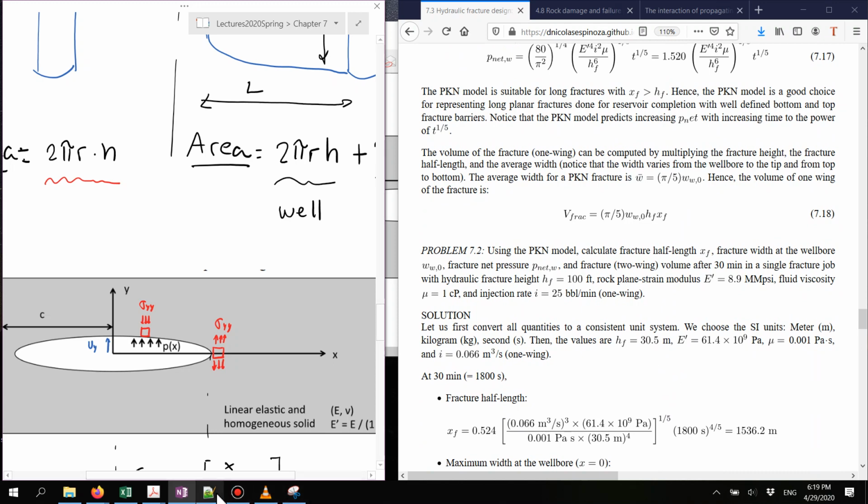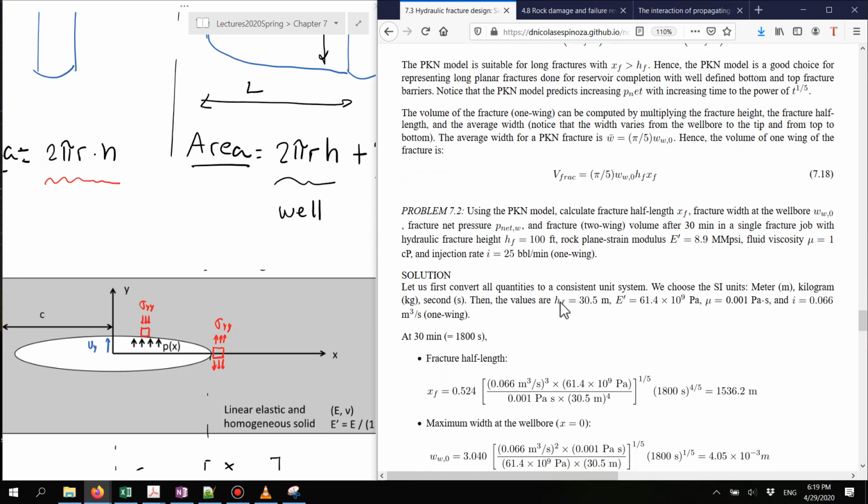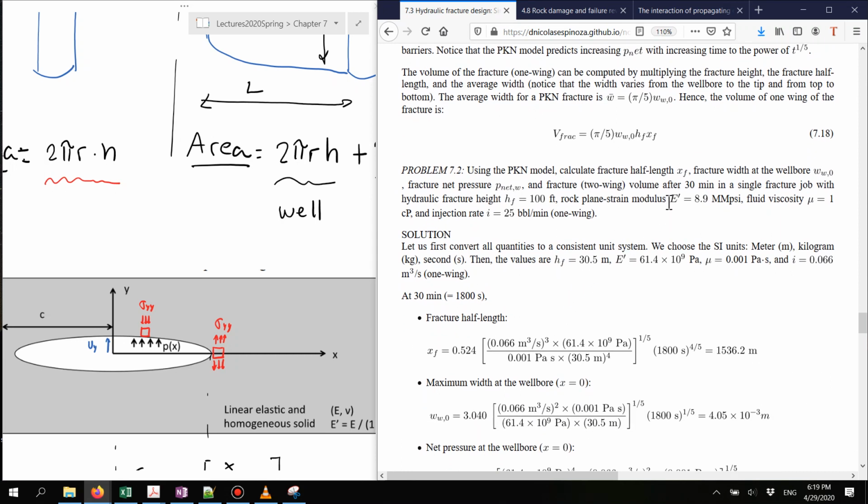Just for you to work a little bit and to play with this PKN model, here I have put an example in which we have a constant injection into a formation with this plane strain modulus, with a viscosity which is close to the viscosity of water, a given injection rate, and a given fracture height.